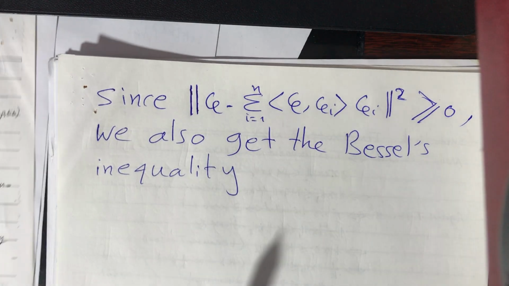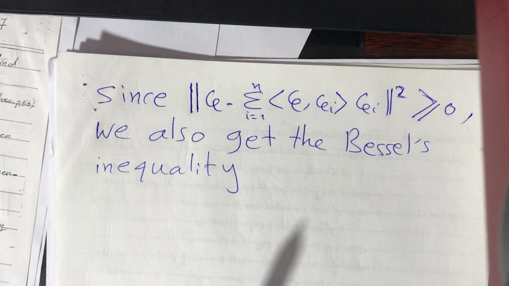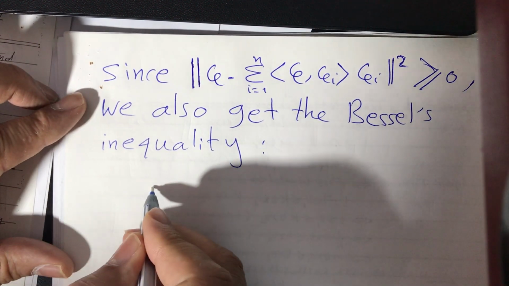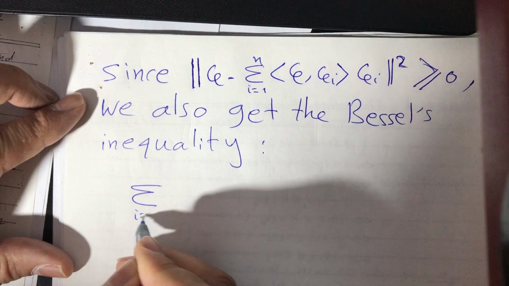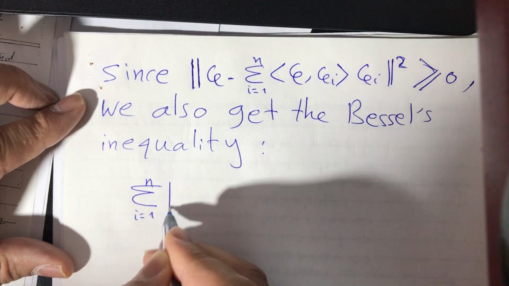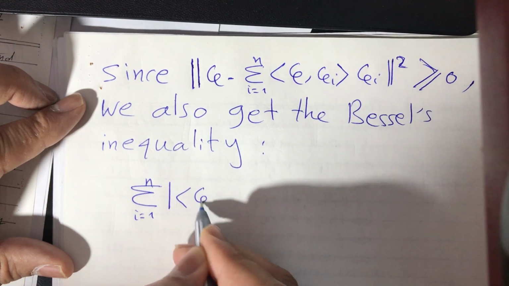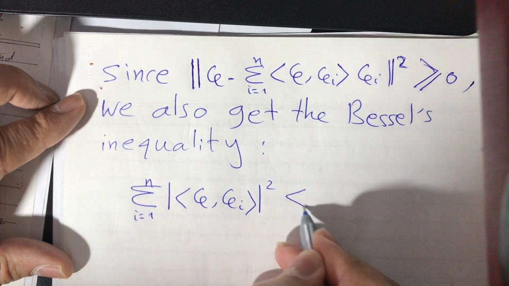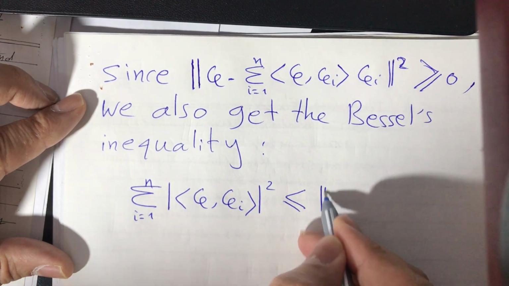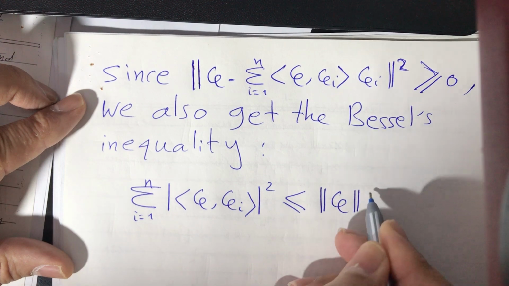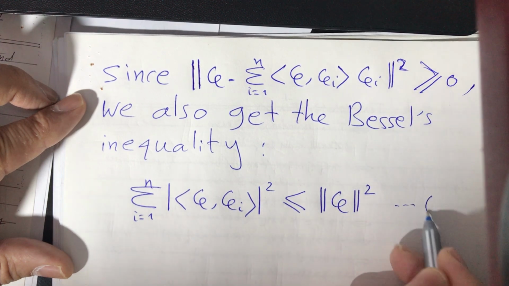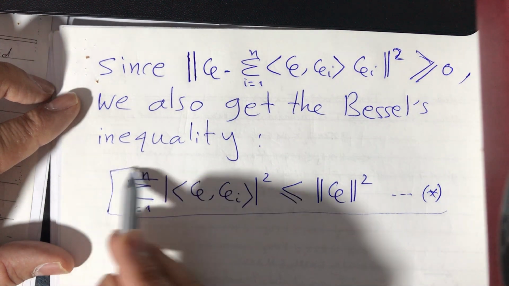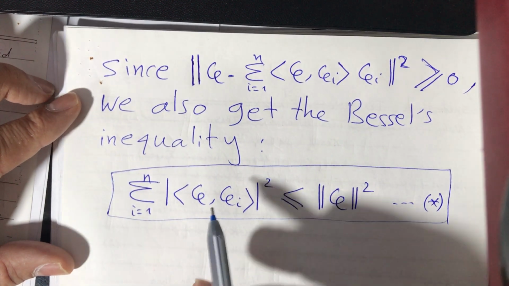So we get Bessel's inequality: the summation i from 1 to n of the absolute value of the inner product of phi and phi i, squared, is less than or equal to the norm of phi squared. This is star. This is Bessel's inequality.